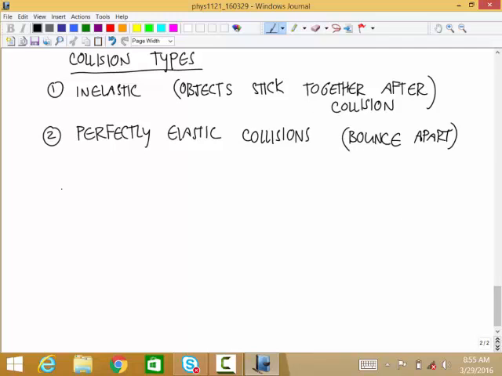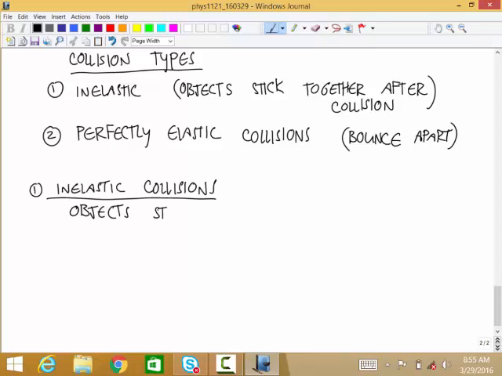Okay, so the first one is inelastic collisions. This is when objects stick together.